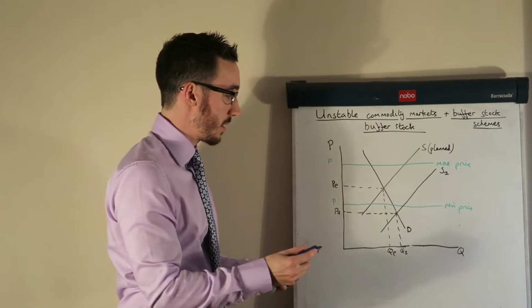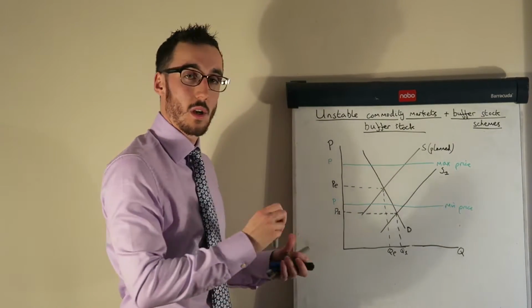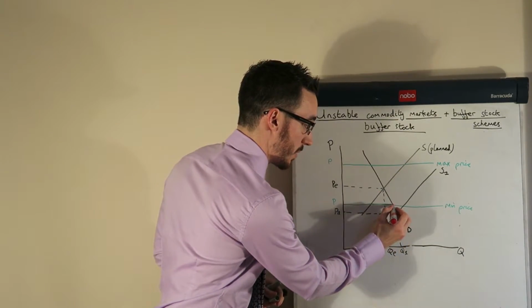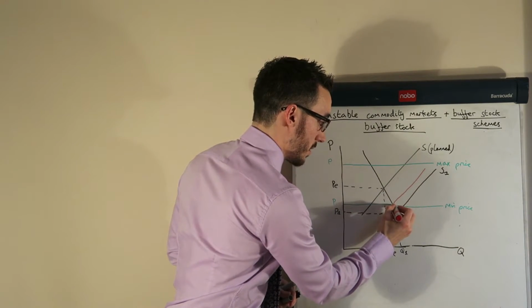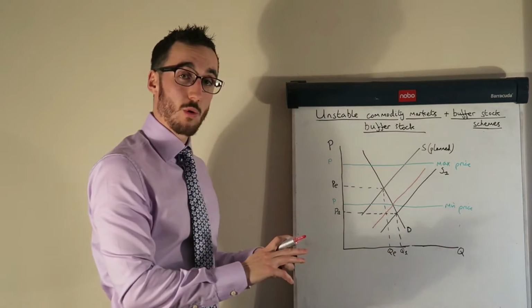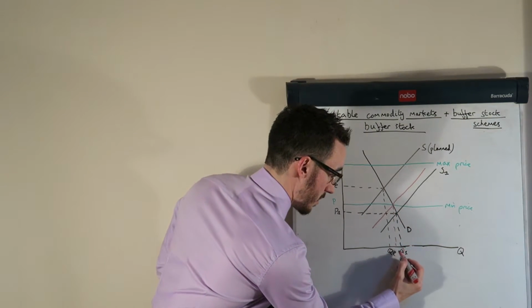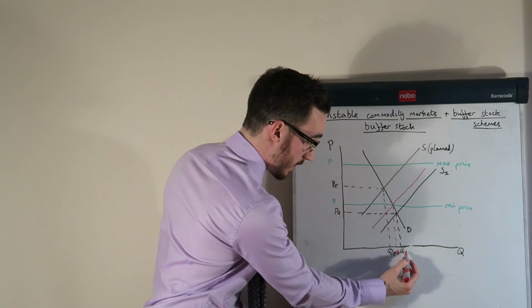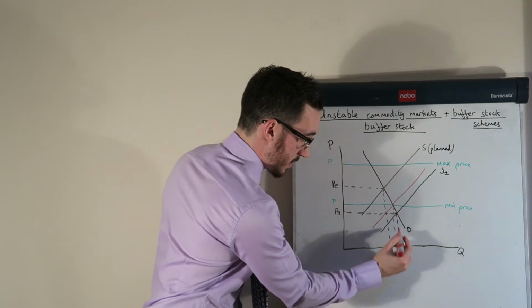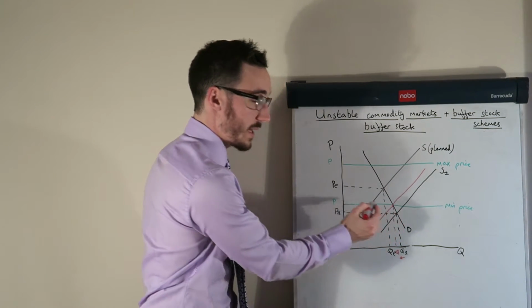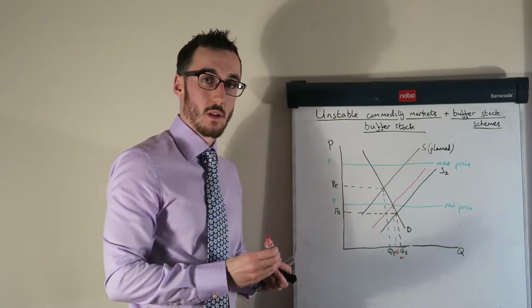So we will buy the goods up to this point. So we will buy all the supply from here to where supply hits the minimum price.